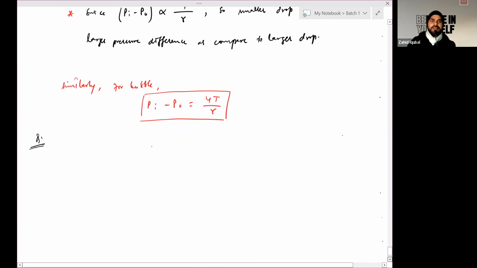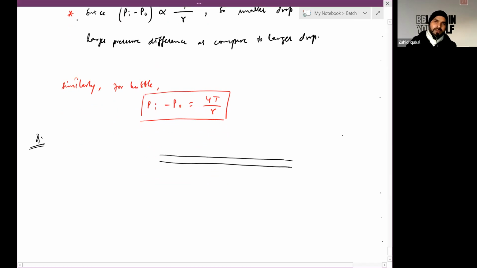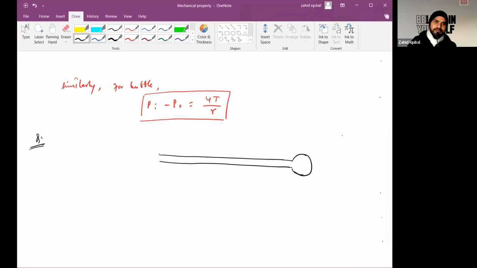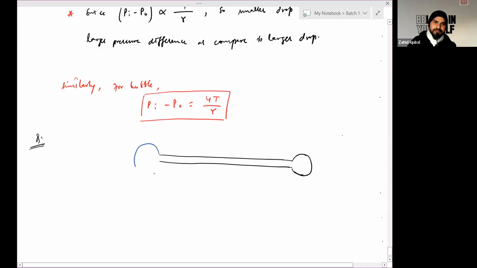Suppose there is a tube from which a balloon at this point and another one at this point is attached.